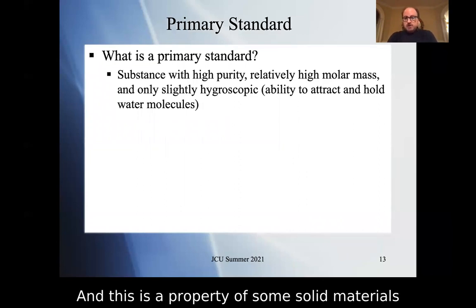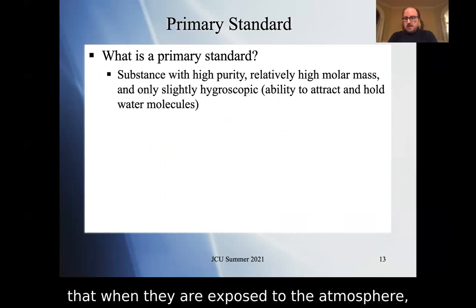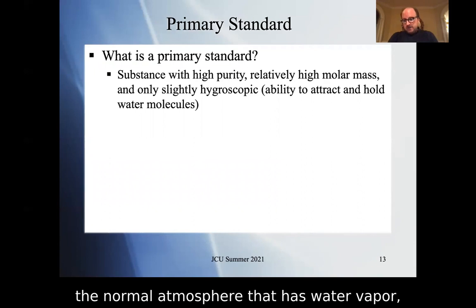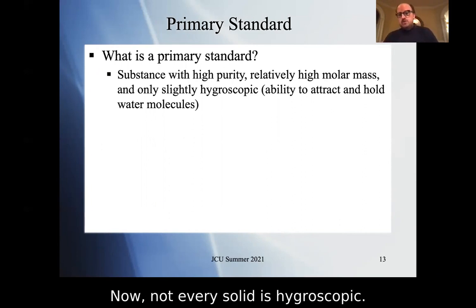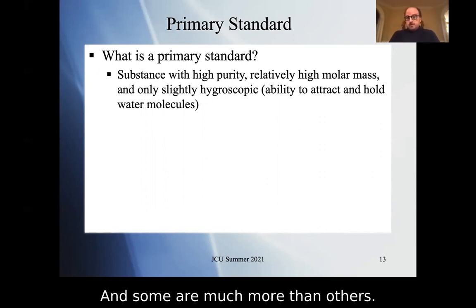And this is a property of some solid materials that when they are exposed to the normal atmosphere that has water vapor, some of those materials actually will absorb water. Now, not every solid is hygroscopic, and some are much more than others.